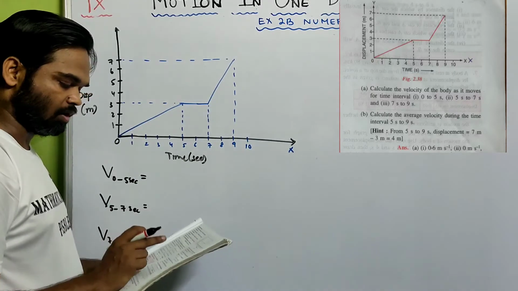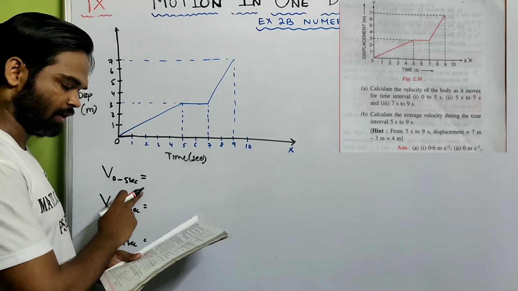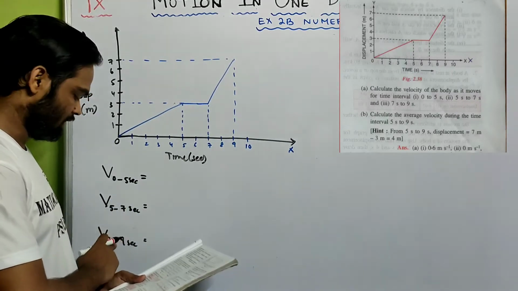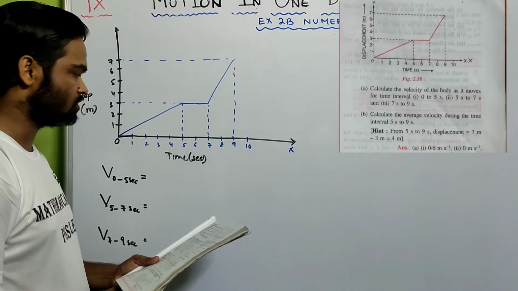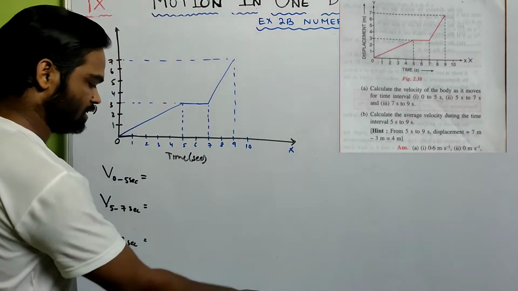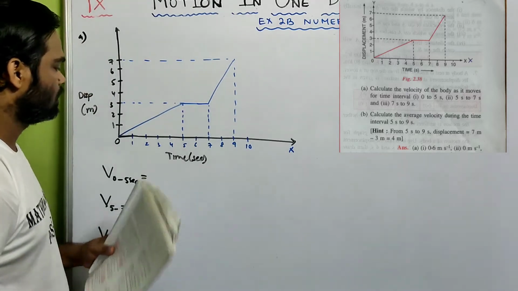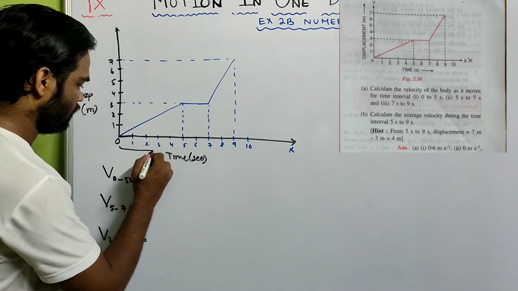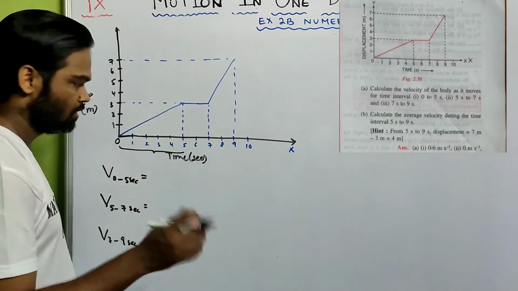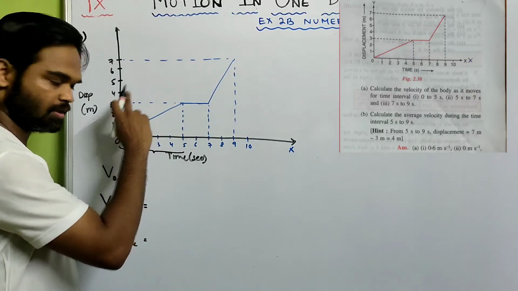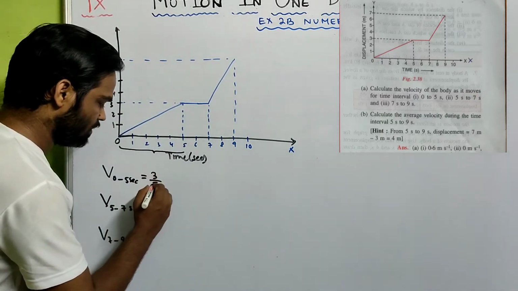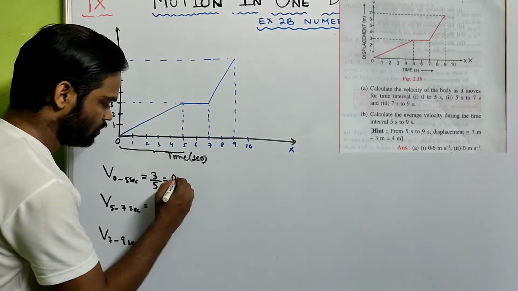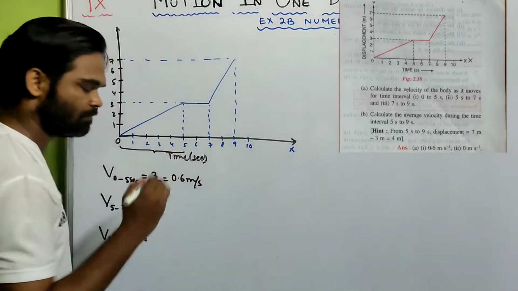Again I'll read. Calculate the velocity of the body as it moves from 0 to 5 second, 5 to 7 and 7 to 9 second. Just the first part. Let us see over here. From 0 to 5, if you look carefully, the displacement is 3, isn't it? So 3 by 5, that's 0.6 meter per second.